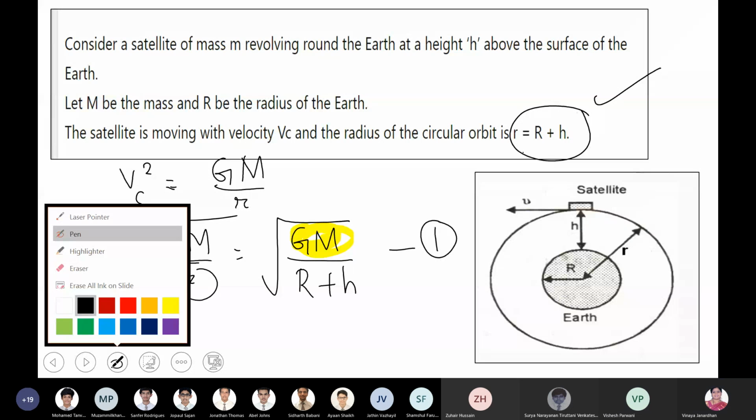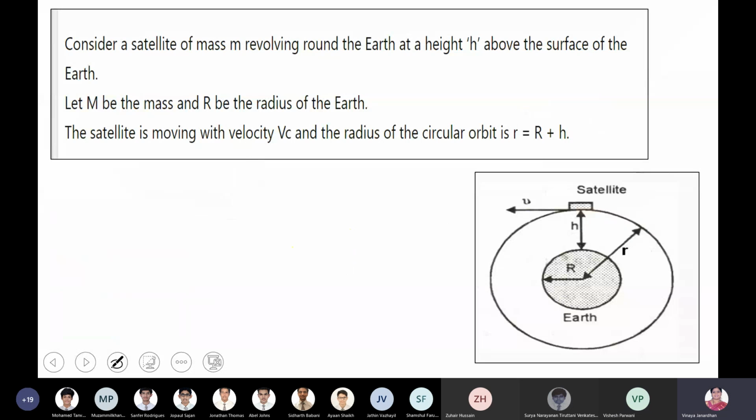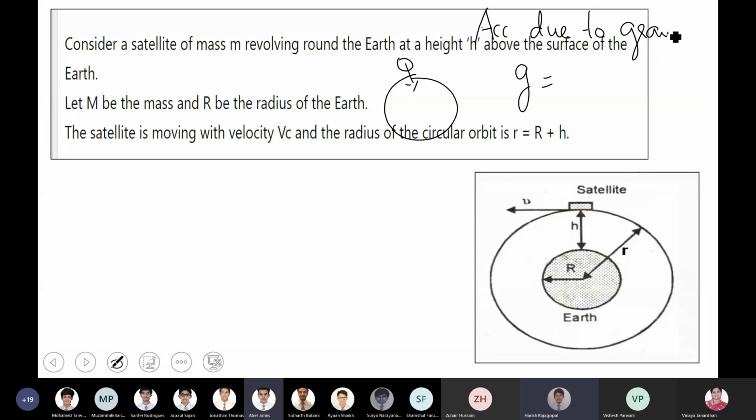Now, what is the general expression for acceleration due to gravity? Suppose the body is lying on the surface of the Earth, a freely falling body. What is the general expression for acceleration due to gravity at the surface of the Earth? g equals GM divided by R square.